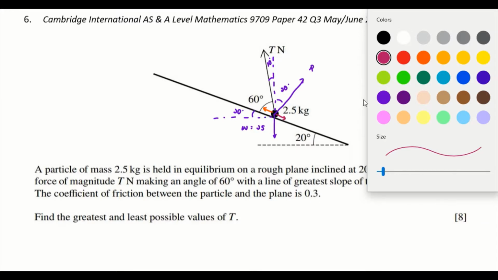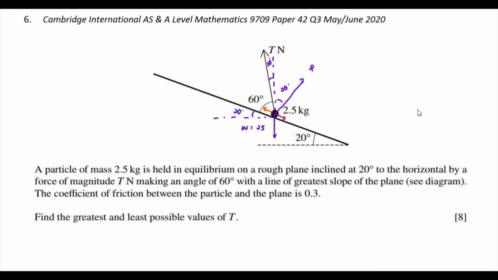Okay, so you can imagine that there will be three equations involved in this question. So we can try to see which is a good direction for us to resolve our forces. If I want to do horizontal and vertical, then how many forces do I need to resolve?